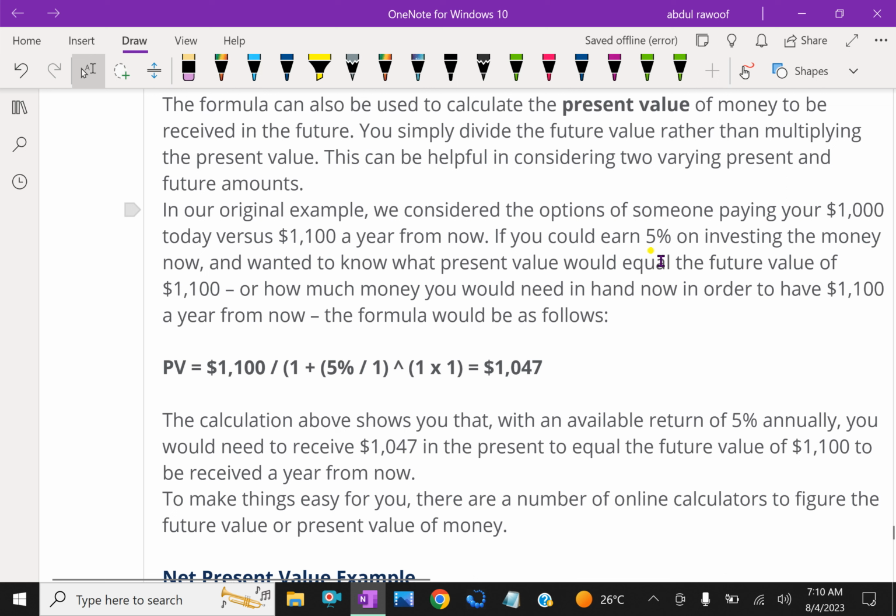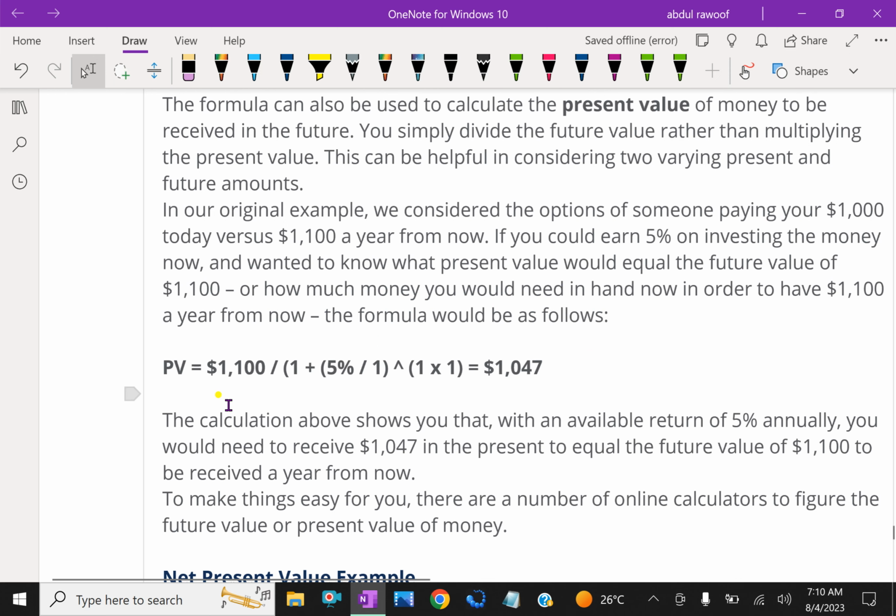If you could earn 5% on investing the money now and wanted to know what present value would equal the future value of 1,100, or how much money you would need in hand now in order to get $1,100 a year from now, the formula would be as follows.